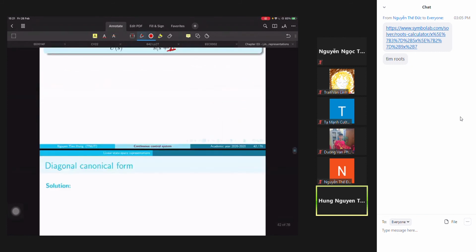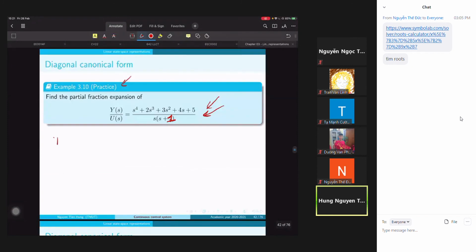Because if T(s) can be represented by this form, equals s squared plus s plus 2 over, and here you got, plus 5 over s minus 3 over s plus 1.